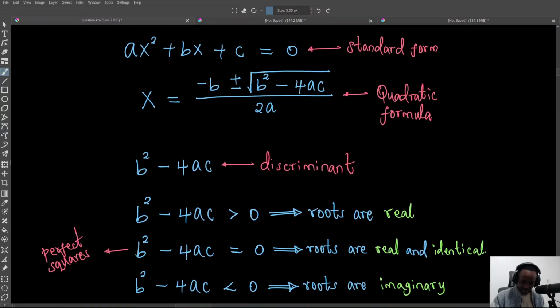Now it's time for the implementation. So let me just switch things here a bit.